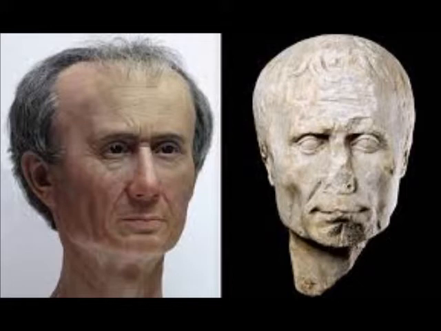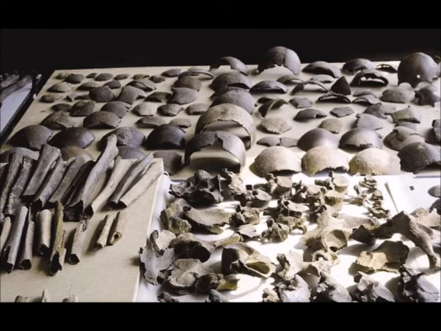Anyway, looking at the archaeology associated with Julius Caesar, I think the best stuff that we can look towards is a massacre that actually took place in 55 BC. This massacre that took place 55 BC was actually in the Netherlands.